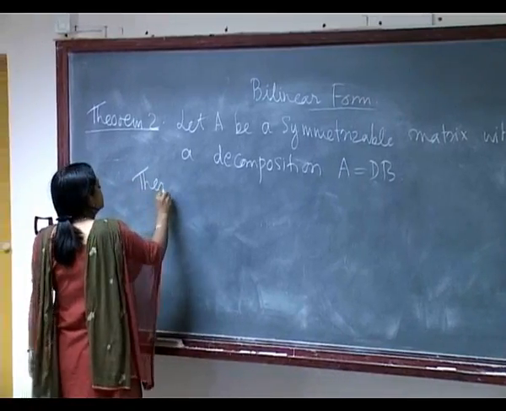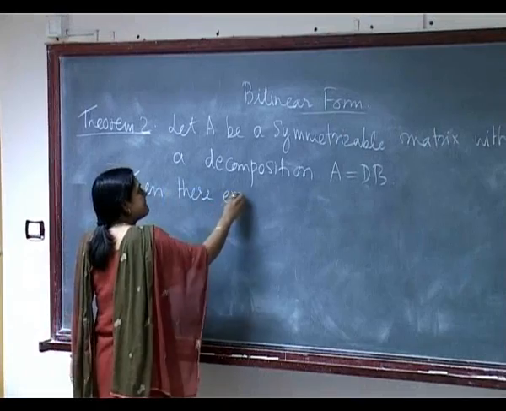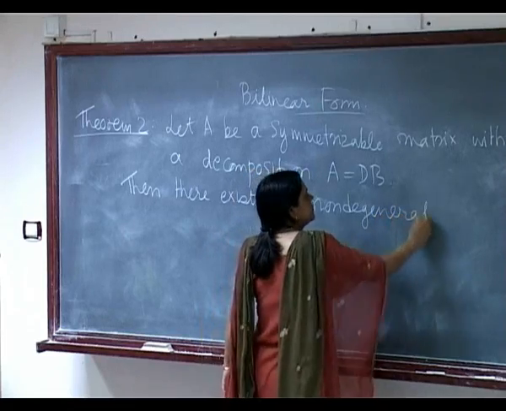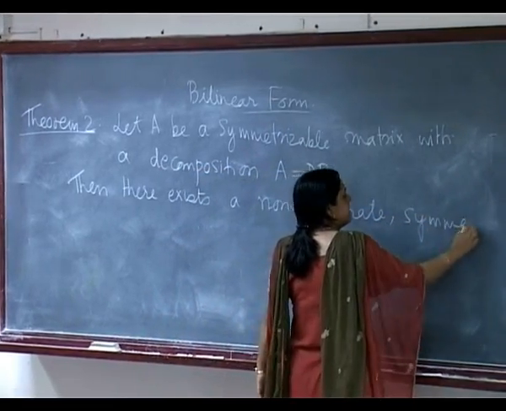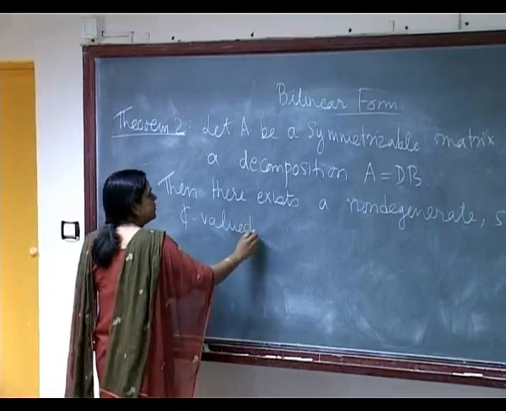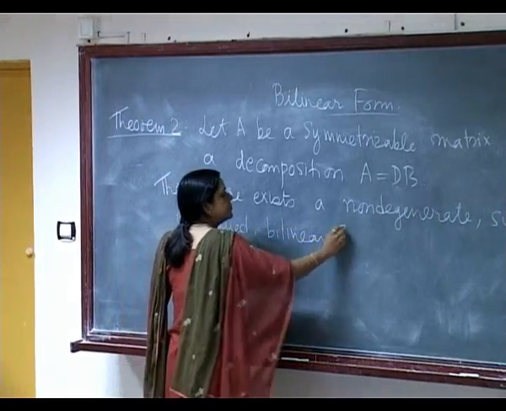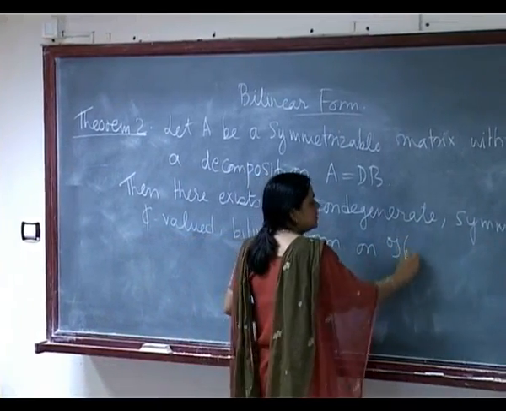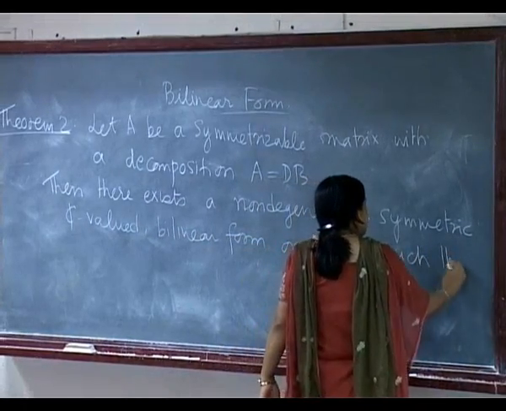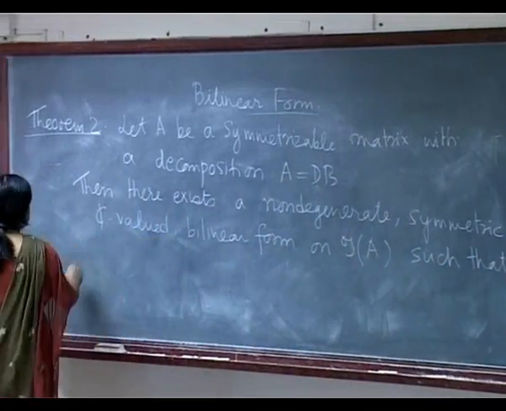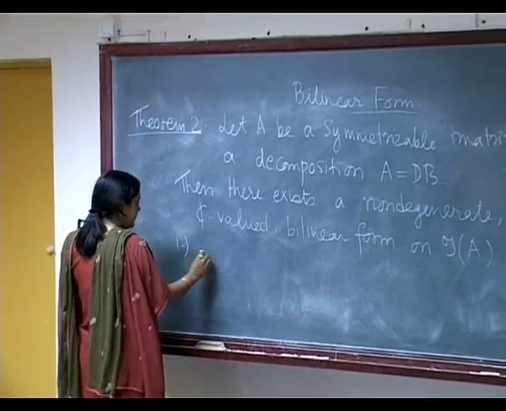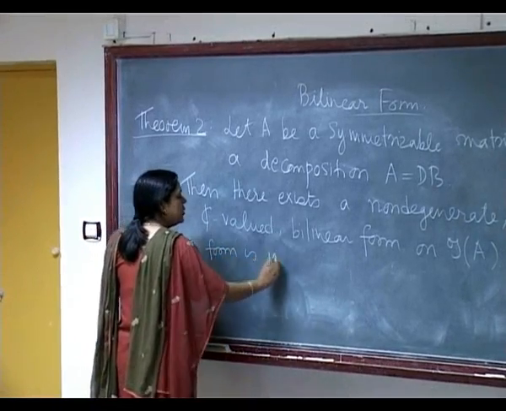Then there exists a non-degenerate symmetric complex valued bilinear form on GA, the symmetrizable Lie algebra, such that the form is invariant.